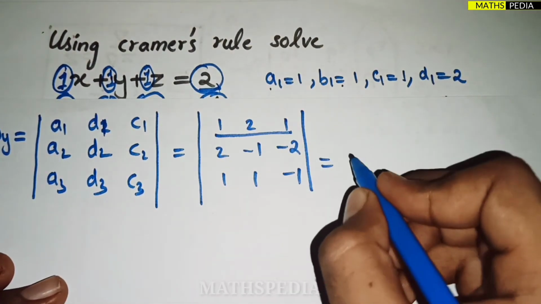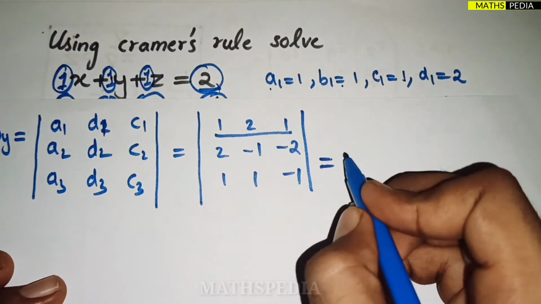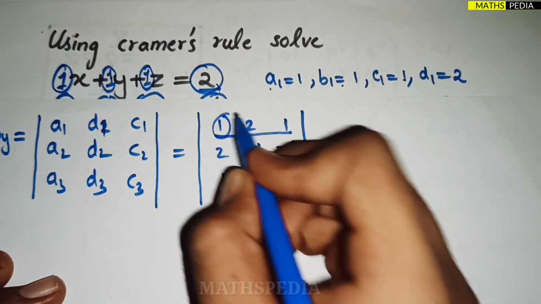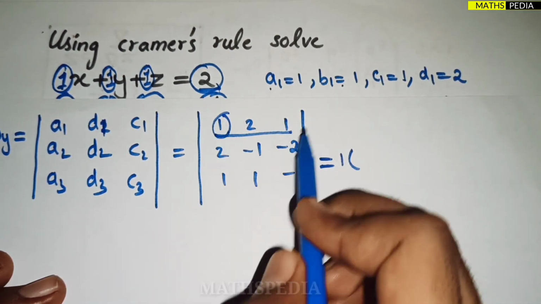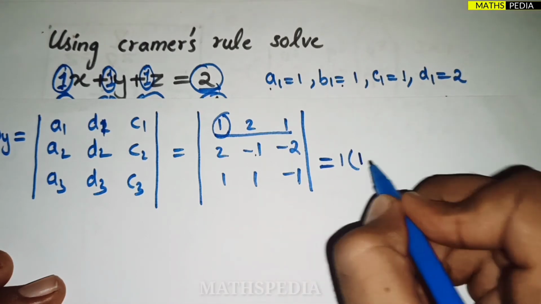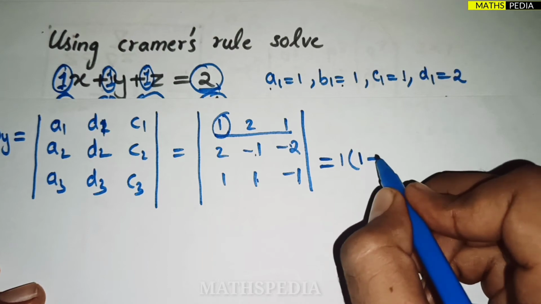So you can skip this if you don't want to see all this stuff. 1 into the first element, 1 into what is left out, leave this row and column, so minus 1 into minus 1 plus 1, minus 1 into minus 2 is minus 2, so plus 2.